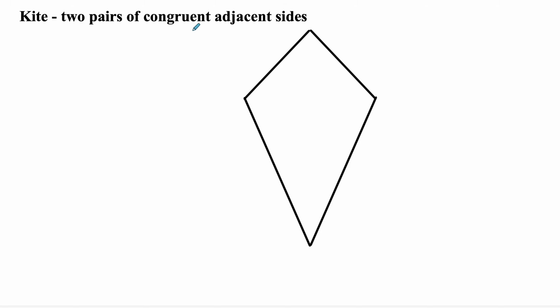What this means is, and we use our tick marks, one tick mark to one tick mark, meaning this is congruent to this, and this is then congruent to this. The key thing we want to talk about here, besides the two pairs of congruent adjacent sides, is the fact that when we look at a kite, there are not one but two diagonals. So this diagonal here and this diagonal here.